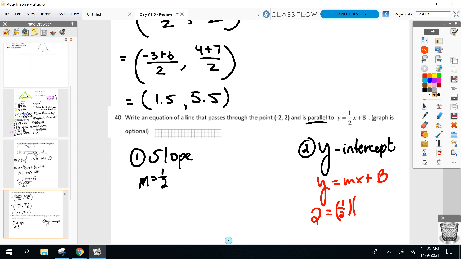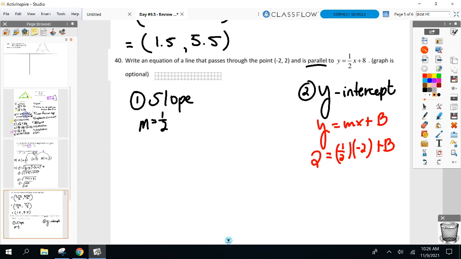X coordinate, -2, and you're solving for b. Got to get b by itself now, so go to work.